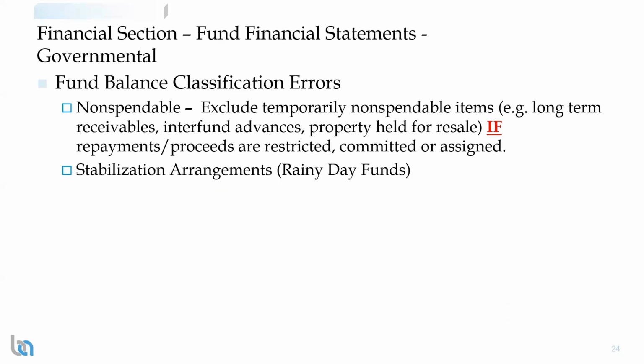But if the proceeds, like when you do eventually collect on that long-term asset, if the monies you receive from that are restricted or committed or assigned, then you would report that asset under that category. Otherwise, they would be reported as non-spendable.